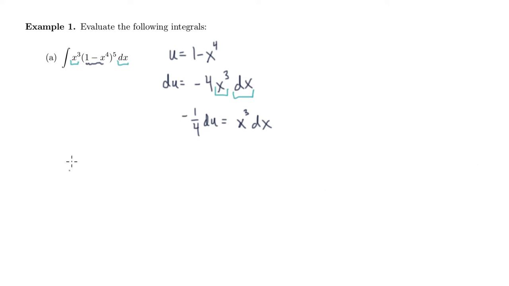Okay, so let's see what happens when we substitute everything in. This integral, x cubed, 1 minus x to the 4th, all to the 5th, should be, well, 1 minus x to the 4th is u, so that's u to the 5th. And then x cubed dx I can replace with negative 1/4 du.